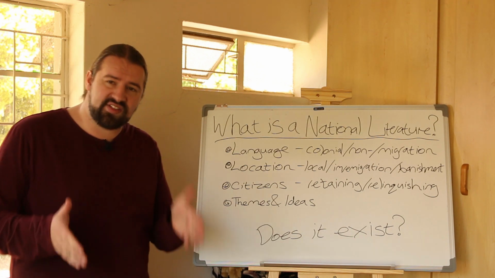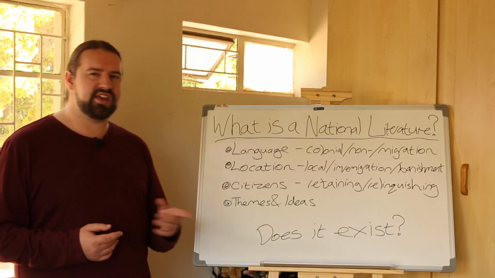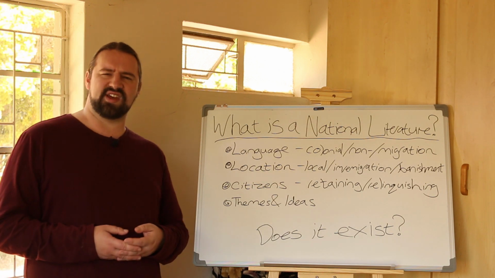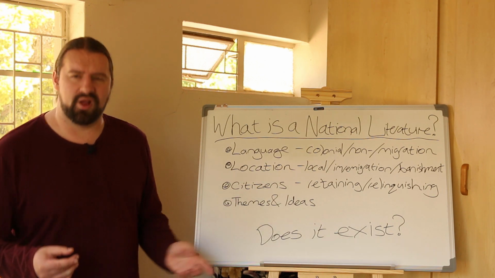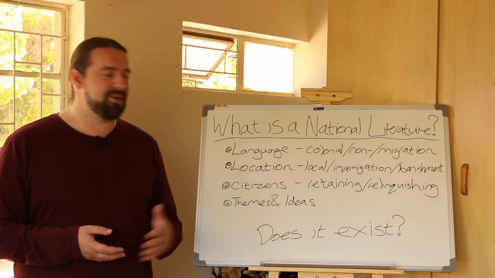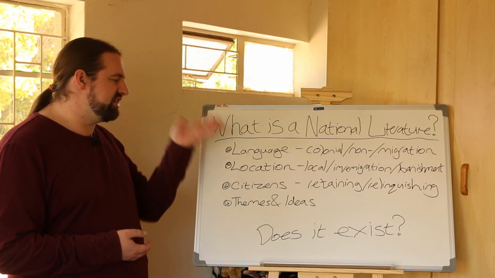And she's considered to be a South African writer. But you could say, oh, well, she wasn't here, she left, so she's not South African. But that's unfair. She didn't leave because she wanted to. She didn't renounce her citizenship. She had to flee the apartheid regime. So, okay, location is not okay.